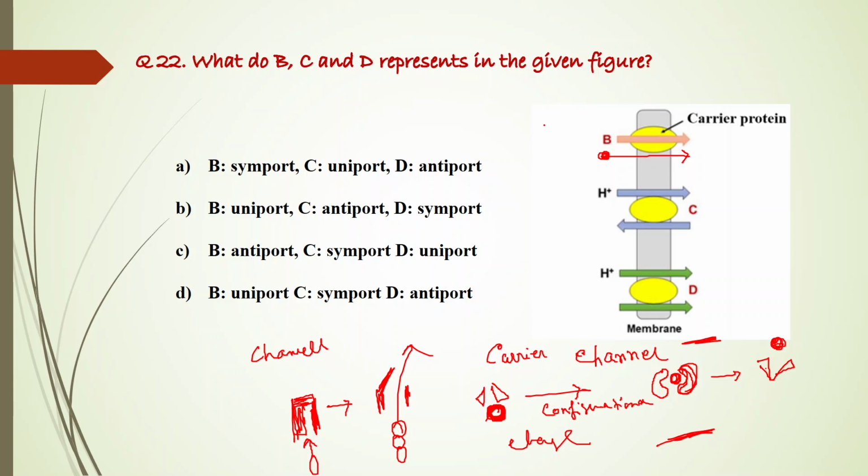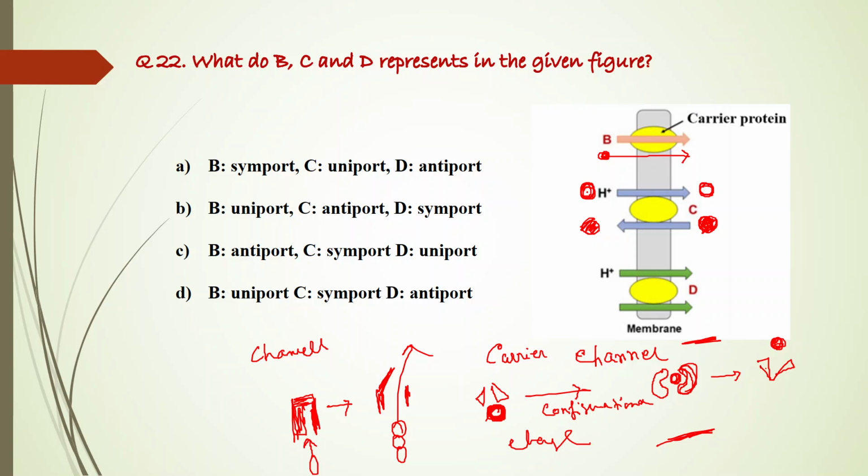Okay. The other thing that can happen is that it can take one substance and move it inside, and take a different kind of substrate from the inside and transport it to the outside. These two substances are different.